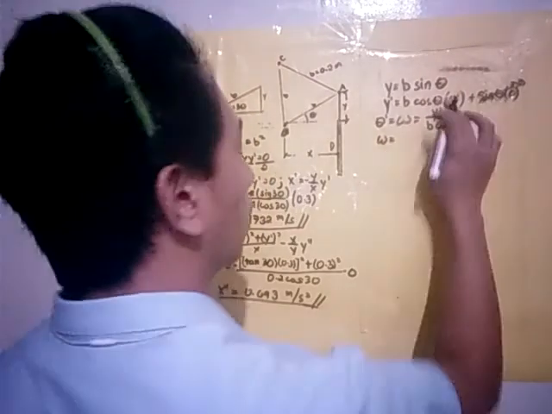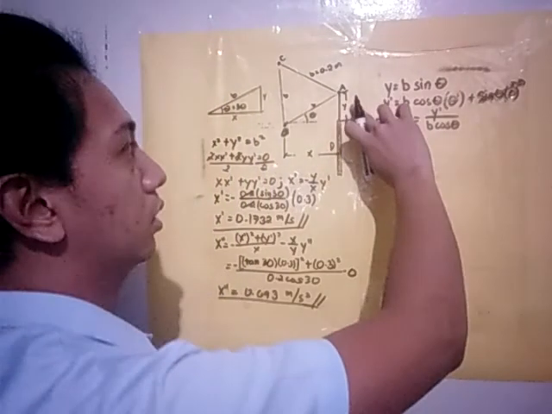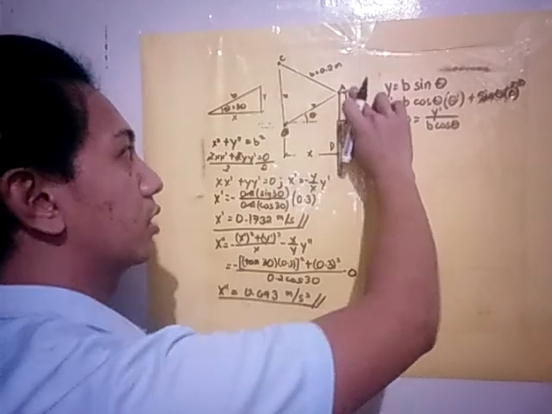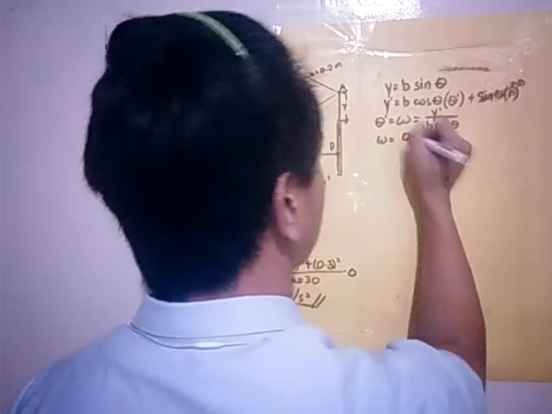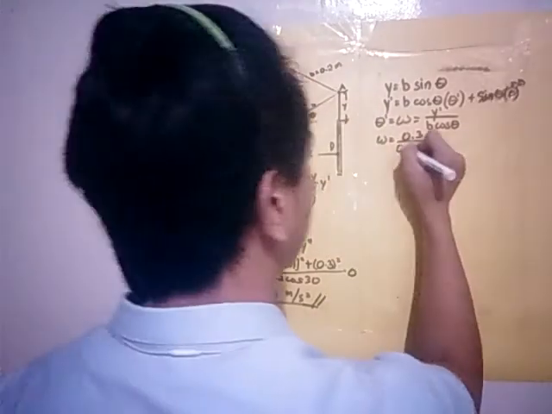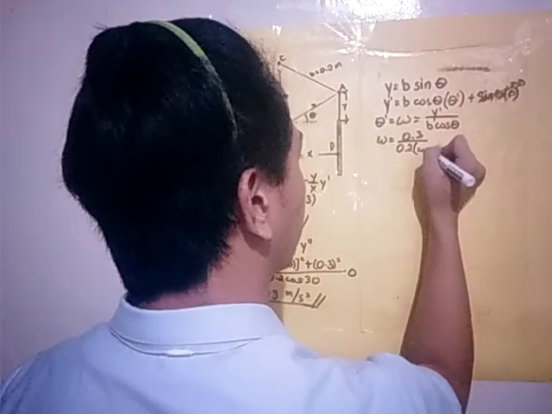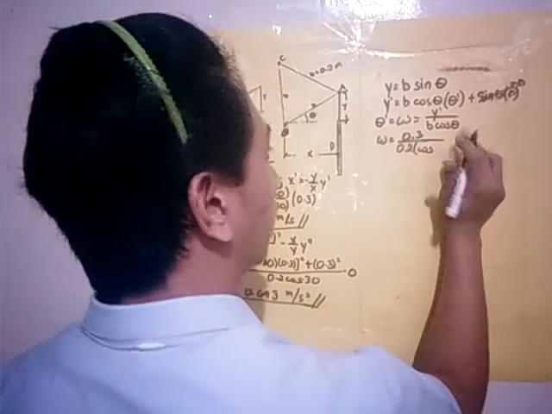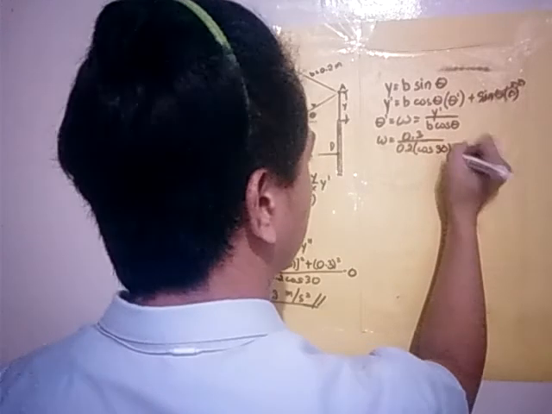Now substituting the values of the y prime, the b, and the theta, we will now get the angular velocity, where y prime is equal to the velocity at point A, so this is 0.3 all over b. Our b is 0.2. Then multiply it by cosine theta, which is 30 degrees.